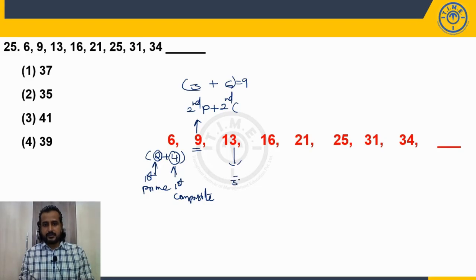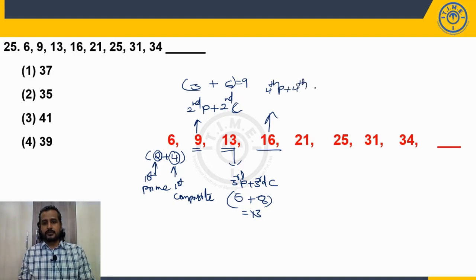Now next is third prime plus third composite. What is the third prime? 2, 3, 5. And the composite after 6 is 8. So 5 plus 8 is equal to 13. Now look at the 16. 16 is the fourth prime plus the fourth composite.